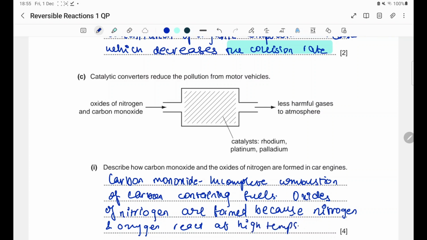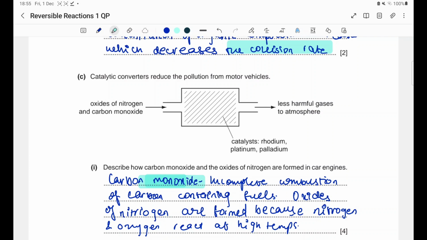Describe how carbon monoxide and oxides of nitrogen are formed in car engines. So, like I said, for carbon monoxide, the term monoxide tells you immediately that it is incomplete combustion of carbon. That is simply how monoxide is formed, by incomplete combustion of carbon-containing fuels.